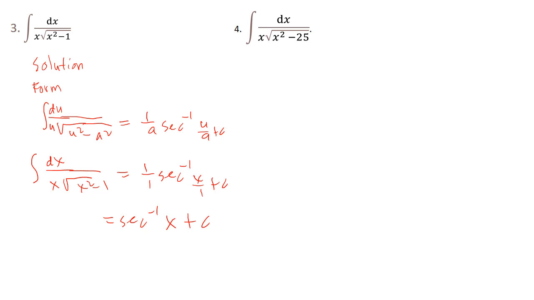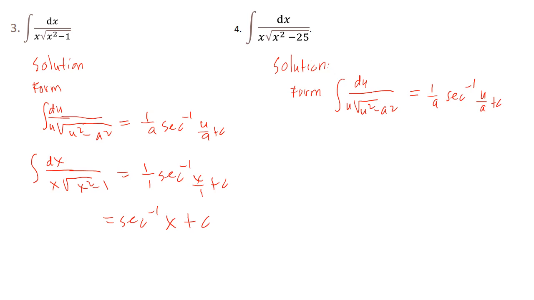On number 4, solution. This one is in the form of integral of du over u square root of u squared minus a squared, equivalent to 1 over a arc secant u over a plus c.